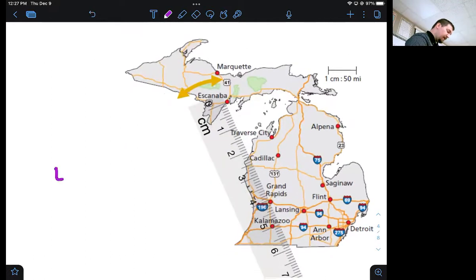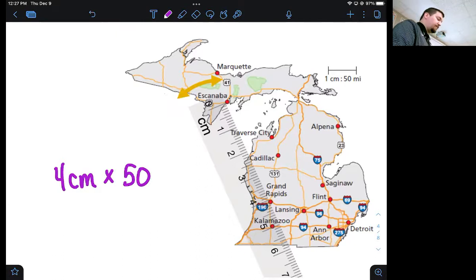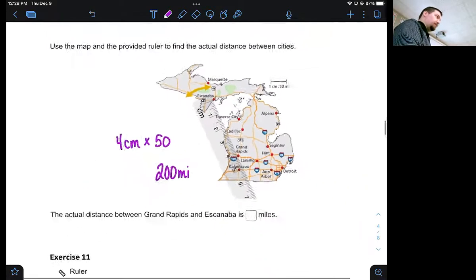So Whitney, if each centimeter is 50 miles, what's 4 centimeters going to be? 200 miles, you got it. Don't forget to label. Labels are important in this section because it'd be easy for someone to put 200 centimeters and that would be definitely wrong. So 200 miles is the actual distance.